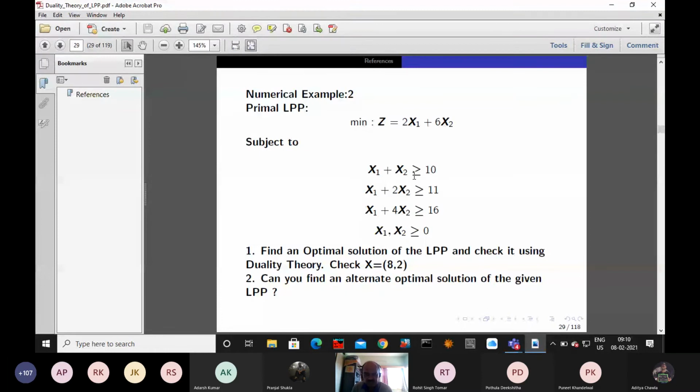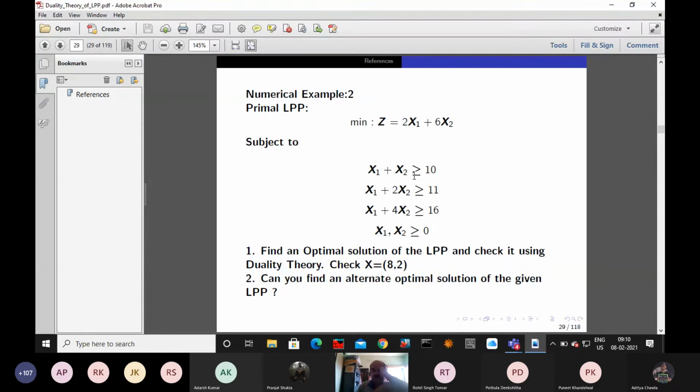One of the conditions is like this: with respect to x1, x2, the first constraint will have the first dual variable. x1 plus x2 minus 10 into y1 equal to 0. So 8 and 2 equal to 10, 8 plus 2 equal to 10. So it is fulfilled, so the first constraint is satisfied.